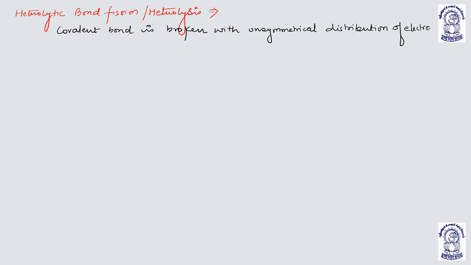Okay. In heterolysis, the covalent bond is broken in such a way that the bond is broken with unsymmetrical distribution of electron densities between bonded atoms.